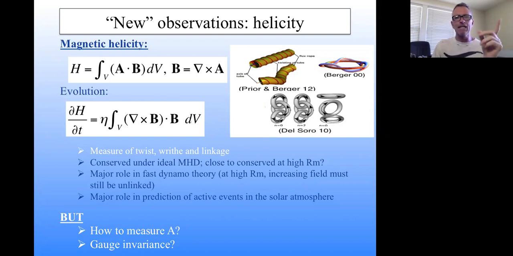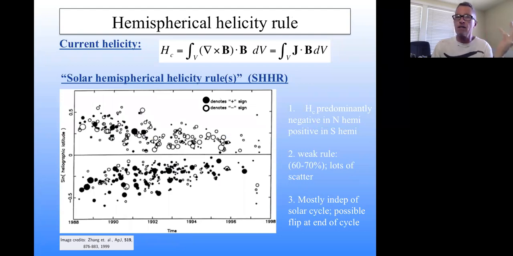The actual magnetic helicity is a little bit complicated because it requires the understanding of a potential which generates the magnetic field itself. But there's also the current helicity, which is the curl of the magnetic field dotted into the magnetic field itself. That gives you how twisted something is around the axis in the direction it's pointing, right? So that we can measure, because we can measure the magnetic field.